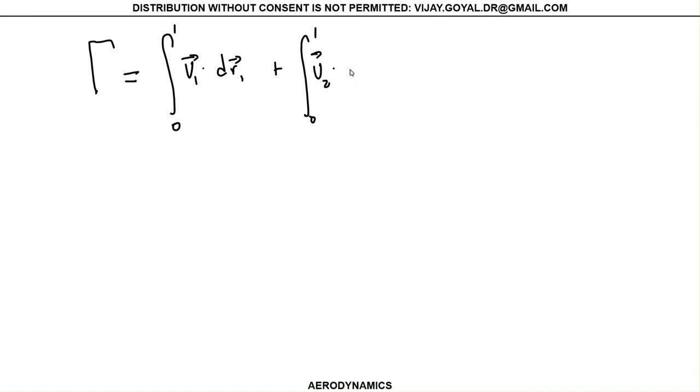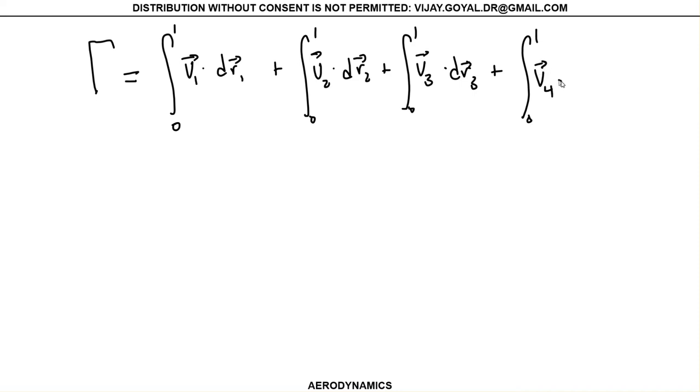So your total circulation, okay, is equal to the circulation between 0 and 1, because parametric equation we always go from 0 and 1, okay, is v1 dot dr1 plus 0 and 1 v2 dot dr2 plus 0 and 1 v3 dot dr3 plus 0 and 1 v4 dot dr4.